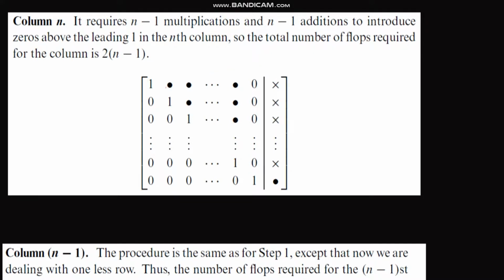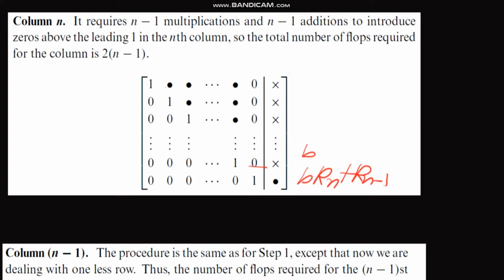So how many multiplications do we need? We need n minus 1 multiplications, because there are n rows. You have to multiply this entry, for example b, with Rn, then add it to Rn minus 1.